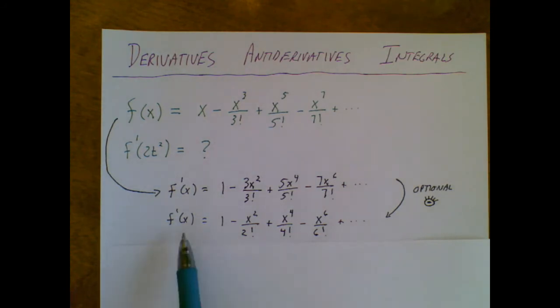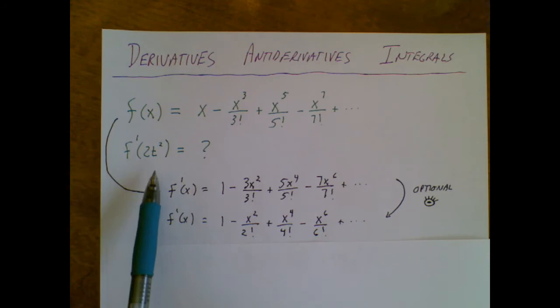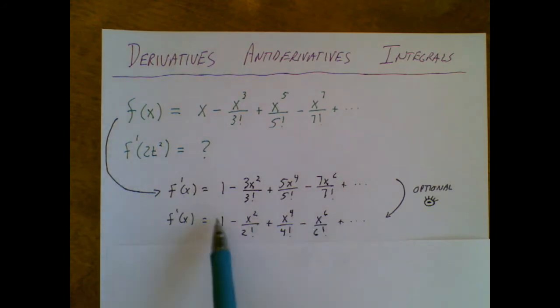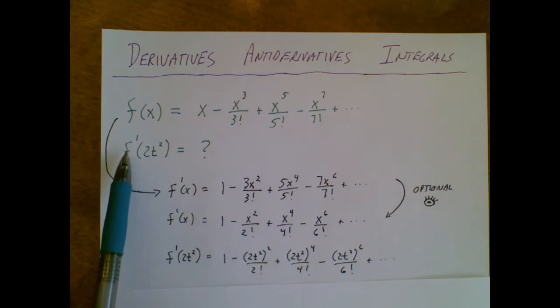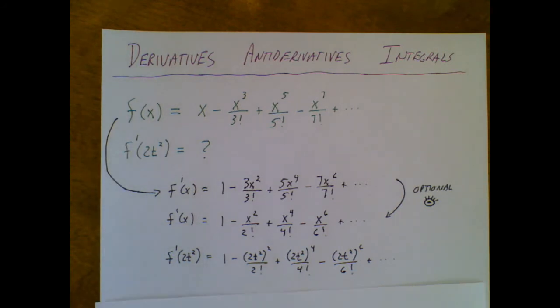Well, now that I have f prime of x, I need to plug in the 2t squared. So no matter which version you're using there, if I plug in the 2t squared, it looks like that. And at this point, I really have satisfied the request for f prime of 2t squared. It does look a little bit messy.